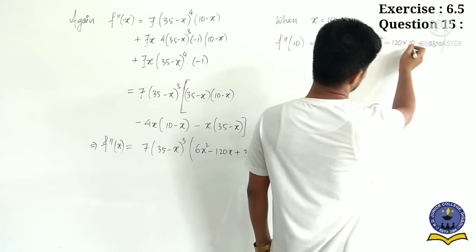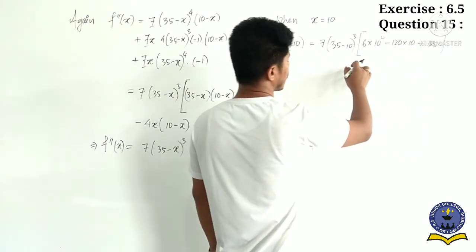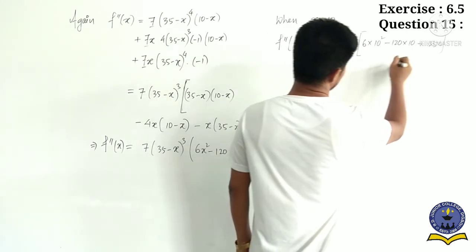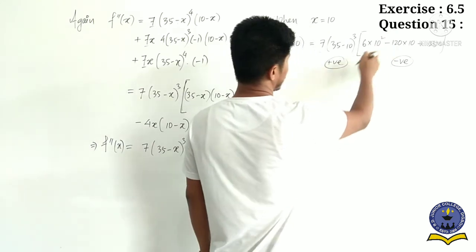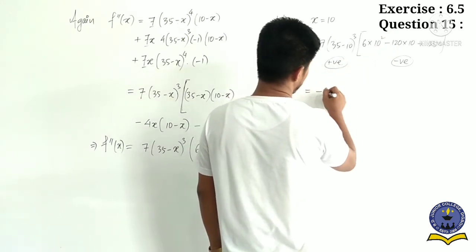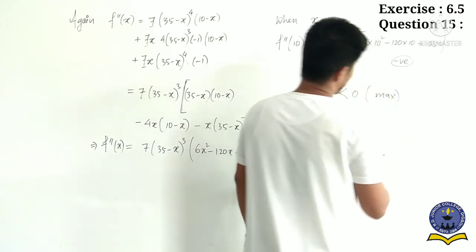So 600 minus 1200 plus 350, ultimately if we calculate this, the first part is positive and this part gives a negative result. So positive times negative, ultimately we get negative. Negative means less than 0, and less than 0 means maximum.